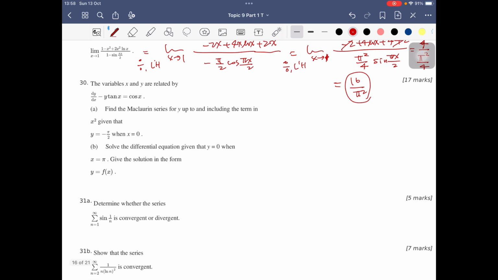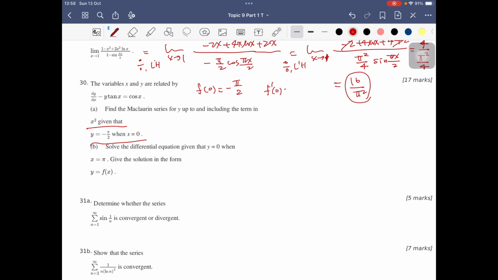Maclaurin series y up to including the term x squared. So I will not solve the differential equation anymore. This is too much. So this can be a Maclaurin series. So now we have f of 0 is negative pi over 2.